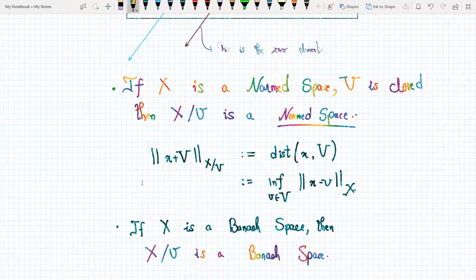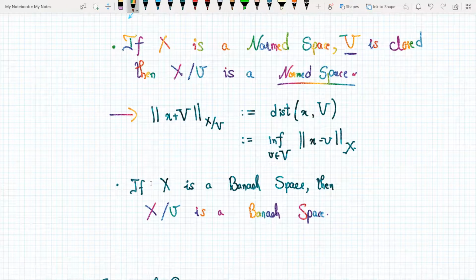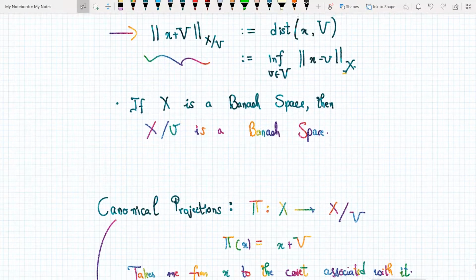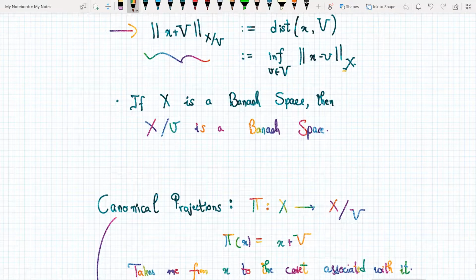So if X is a normed space and V is closed, then X quotient V is a normed space, where the norm is defined as this infimum over v in capital V of norm of x minus v. Now this norm is in the quotient space, whereas this norm is in my space capital X. And similarly, if capital X is a Banach space, then X quotient V is also a Banach space.